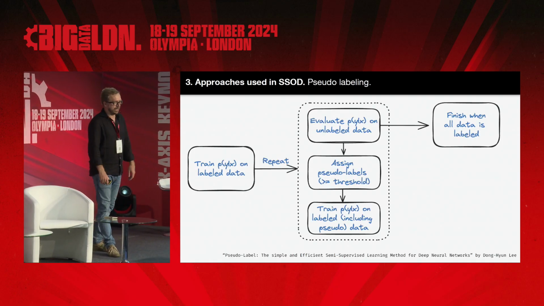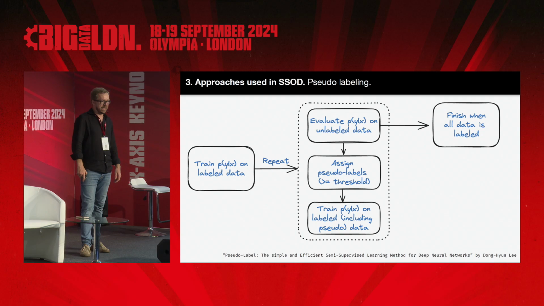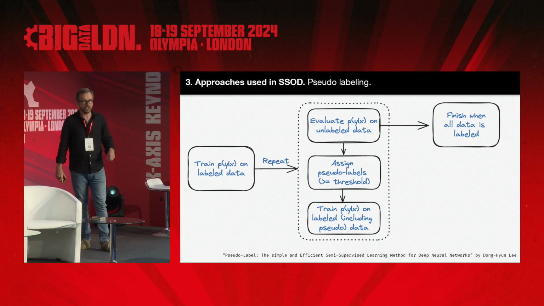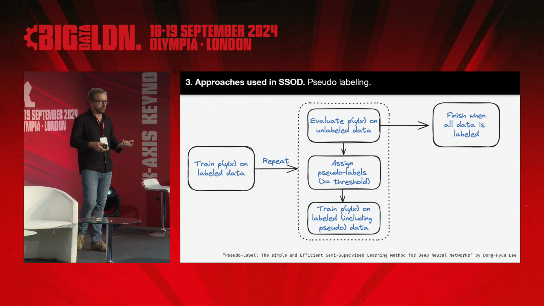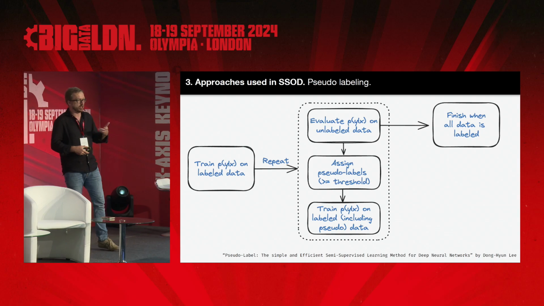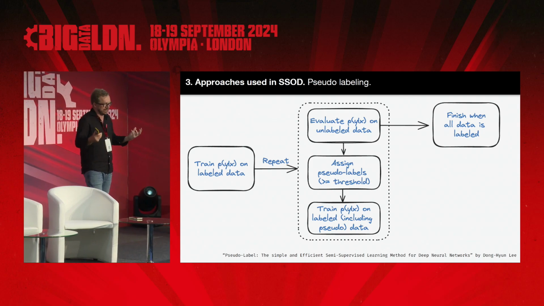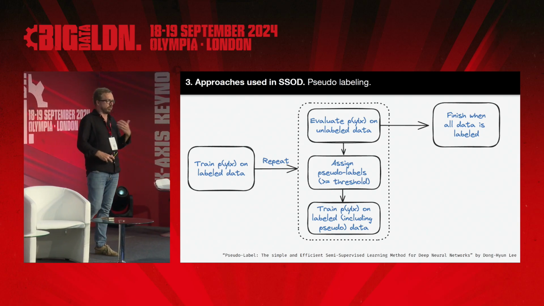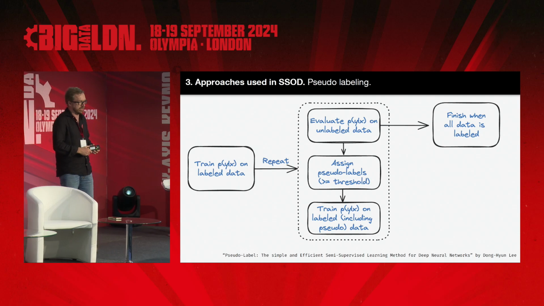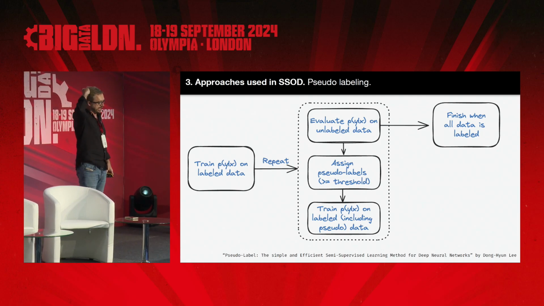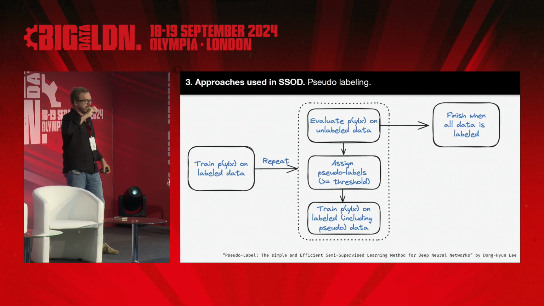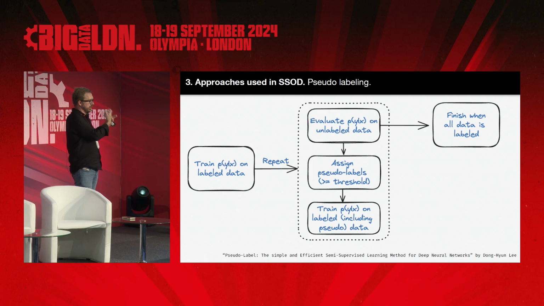Okay. And the next approach, which is, I would say, the most popular in semi-supervised learning, the classical version of classification, from what everything started, is pseudo-labeling. So the idea is like this. We have a small amount of labeled data.